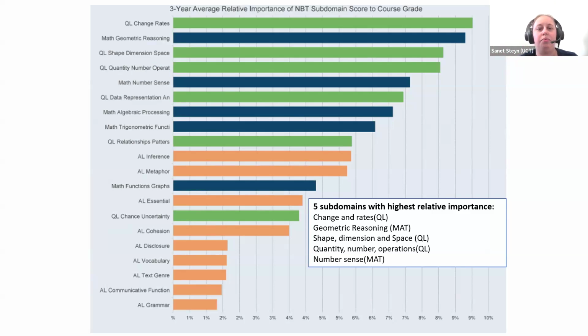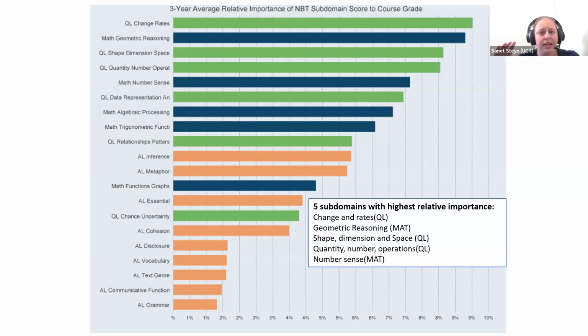And so these are all previous cohorts that were enrolled for the course over those 3 years put together, and a multiple linear regression was run to see how their performance in the different subdomains in the MBT could potentially explain variation in their performance in the final course grade.